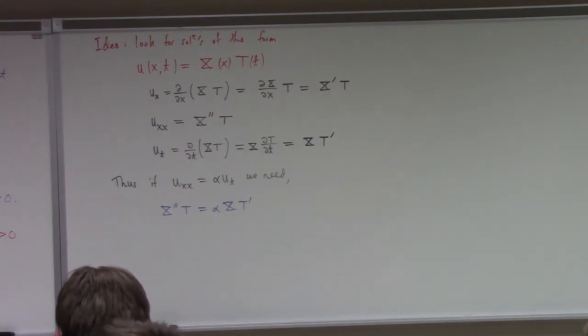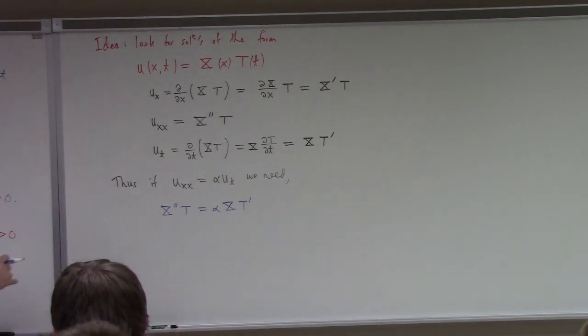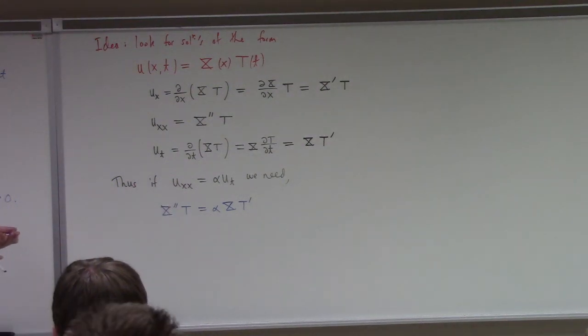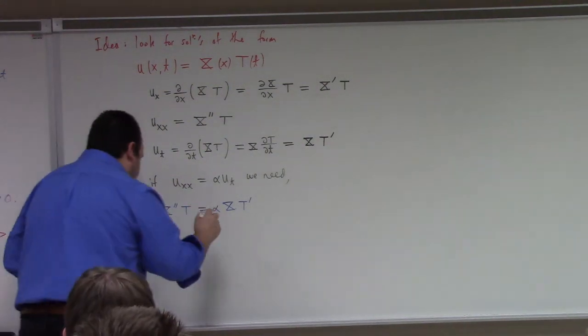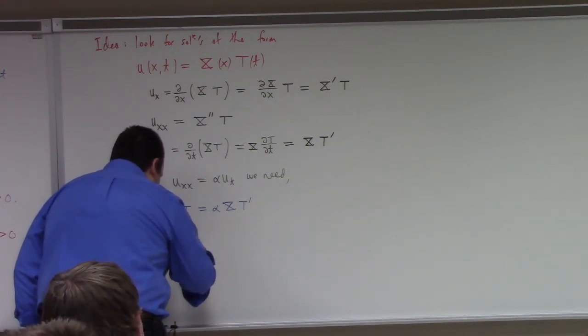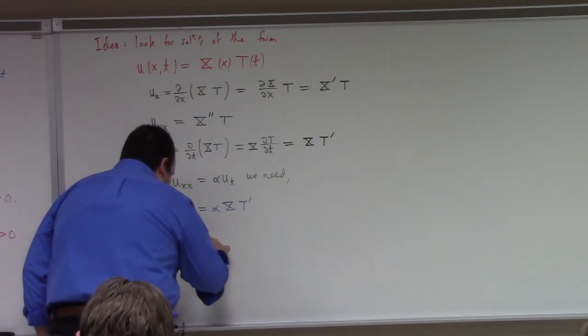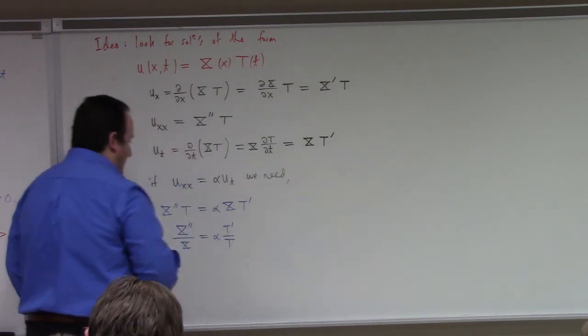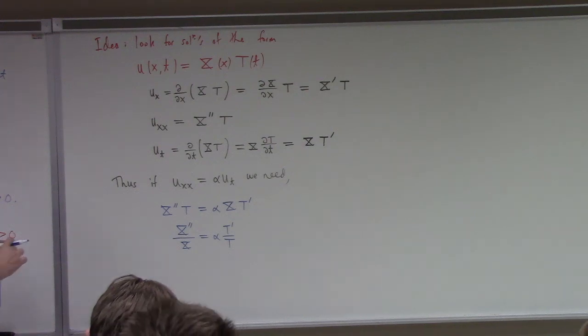So far, so good? Now, then we just isolate the big X and isolate the big T. I'm going to leave alpha with the T because that makes it a little bit prettier. But this gives us X prime prime over X equals alpha times T prime over T. And here I'm assuming what?